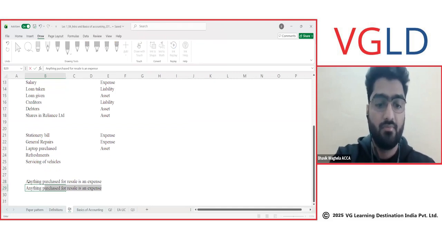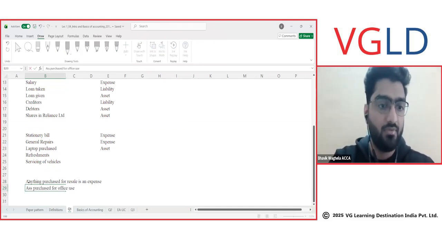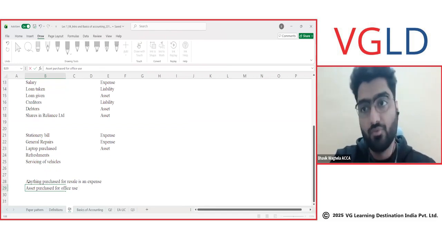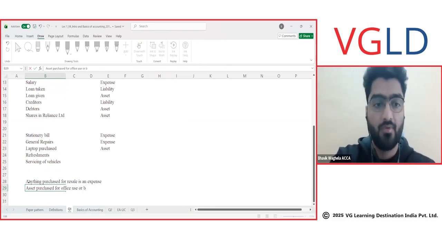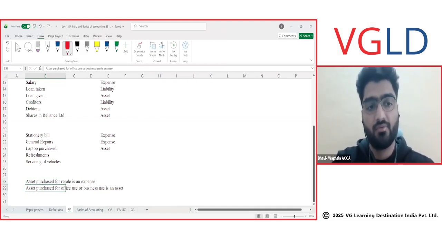An asset purchased for office use or business use is an asset, and an item purchased for resale is an expense.